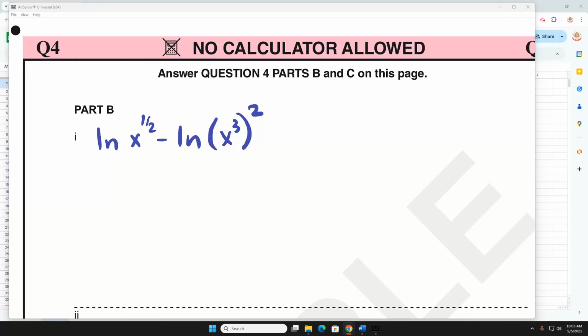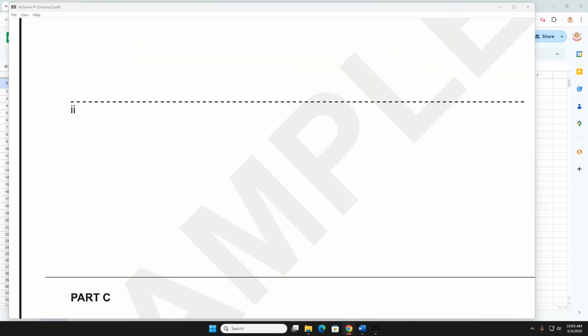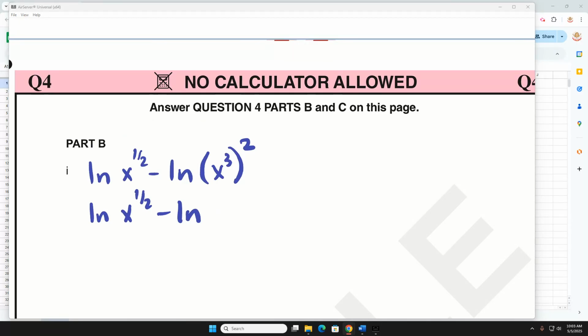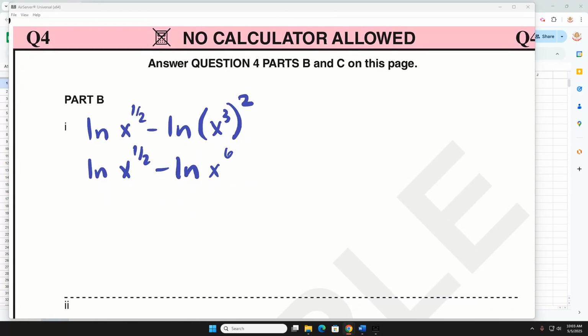Right, and then what do you do when you have a power raised to another power? What do you do with them? You multiply them. So you can rewrite this as minus natural log of x to the 6. Okay, and then we have 2 logarithms separated by subtraction.